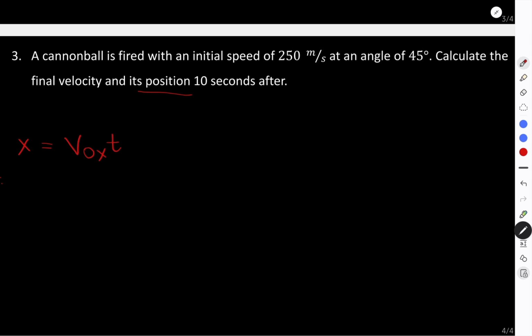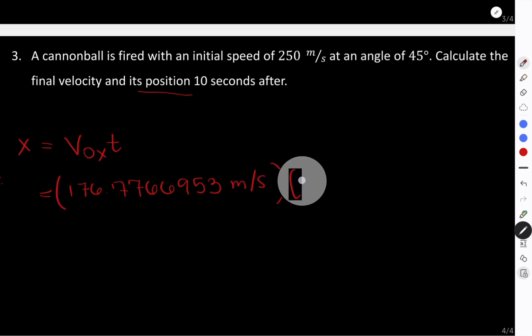Now remember, since we already have our initial velocity in x, we can just use that kind of formula, right? 176.7766953 meter per second multiplied by our time of 10 seconds. Then we cancel it out.